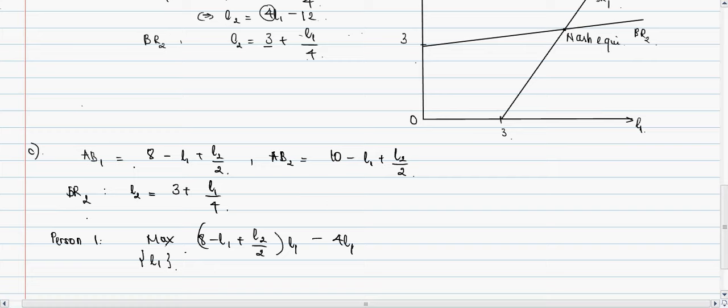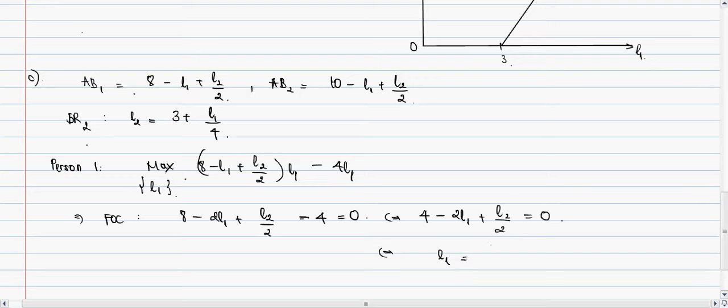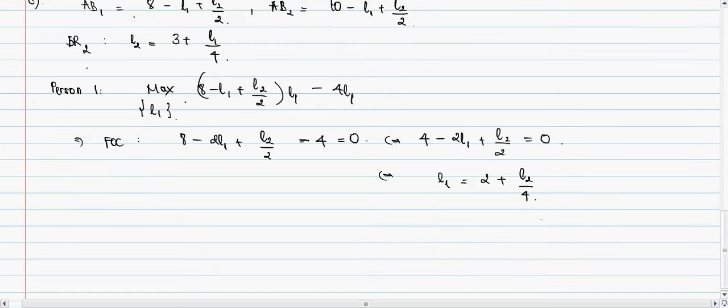Okay, so we will just have the first order condition again, which is 8 minus 2L1 minus L2 on 2 minus 4 equal to 0, and therefore it will be 4 minus 2L1 minus L2 on 2 equal to 0. Therefore L1 will be equal to 2 plus L2 on 4.